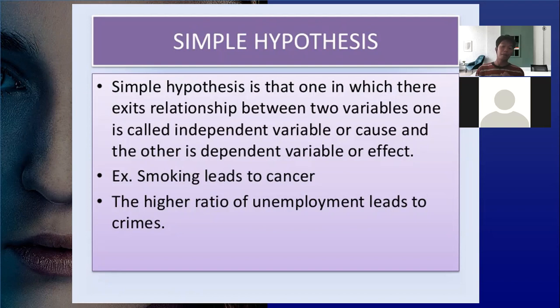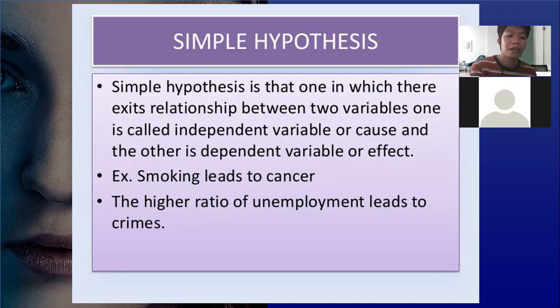So itong simple hypothesis, you can label your hypothesis as such if your study has only one independent variable and one dependent variable. Okay, for example, smoking leads to cancer. The independent variable in this specific example is smoking, while the dependent variable is cancer. So there's only one independent variable and one dependent variable.